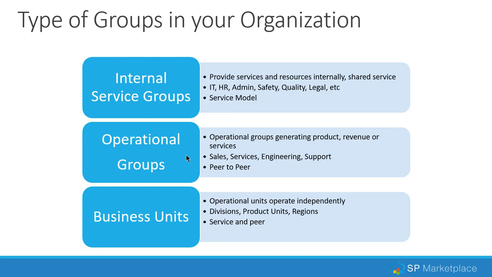They end up being divisions or product units around a product line or even a region of the world. And here we find that there's a combination of service and peer-to-peer with these, and almost a subset of the overall organization. And they may also matrix in, especially when you get the regions, with some of the other units.